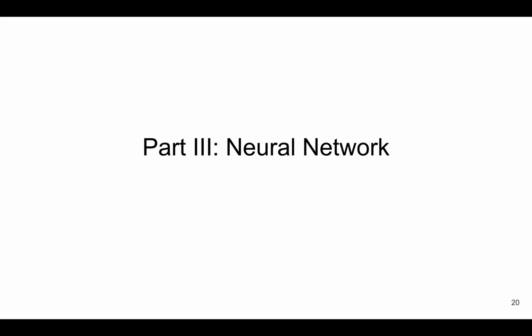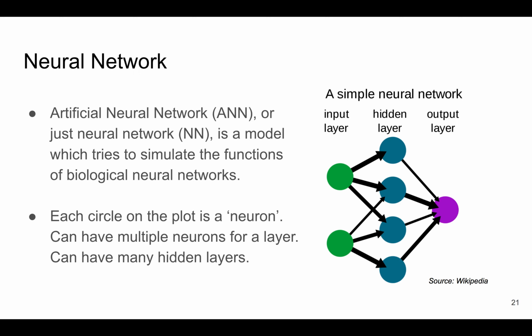Now on to part 3, the neural network. Neural network is the short name for artificial neural network, which is a model that tries to simulate the functions of biological neural networks. The plot on the right-hand side shows a simple neural network where each circle is a neuron.